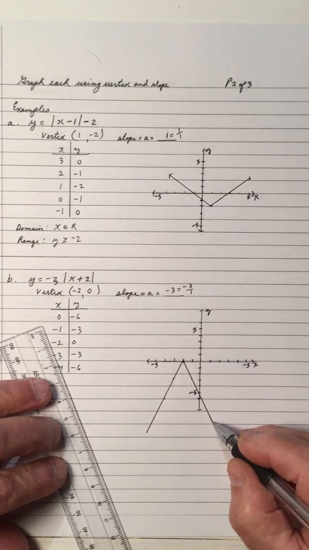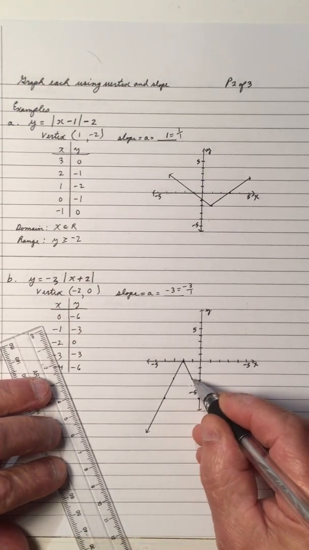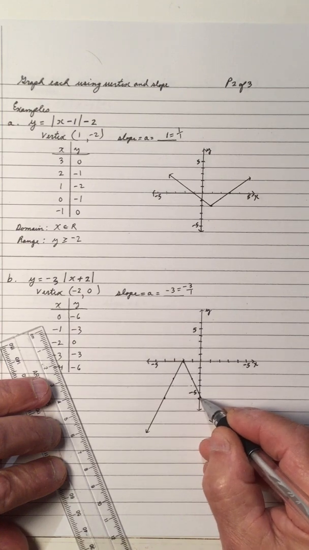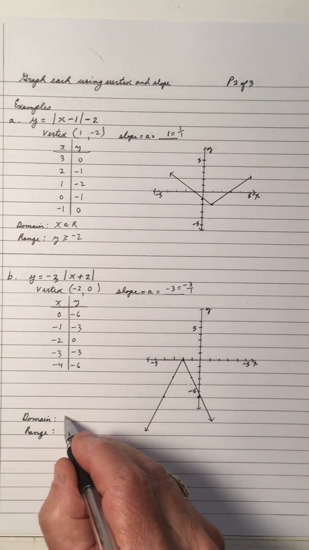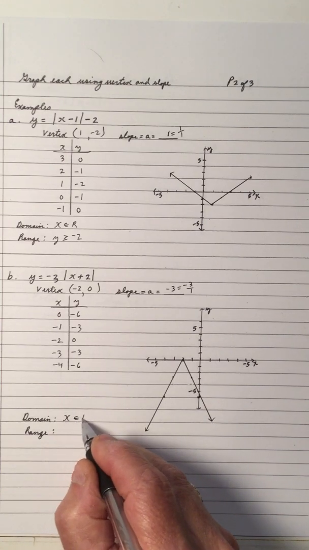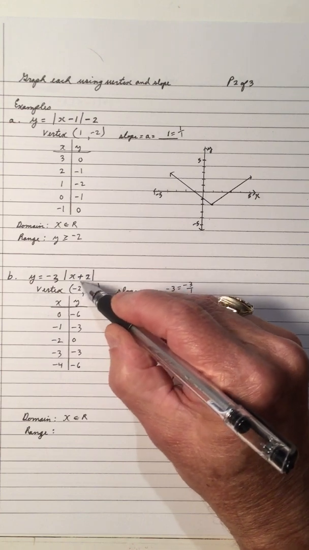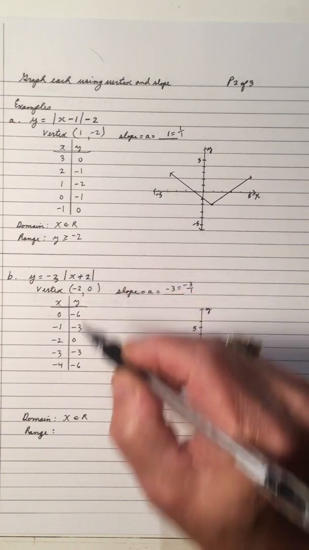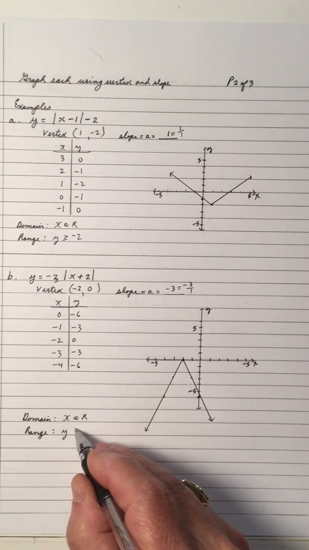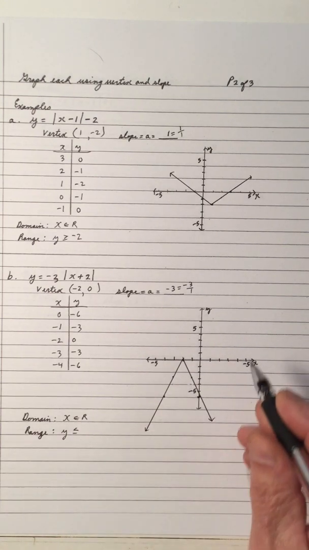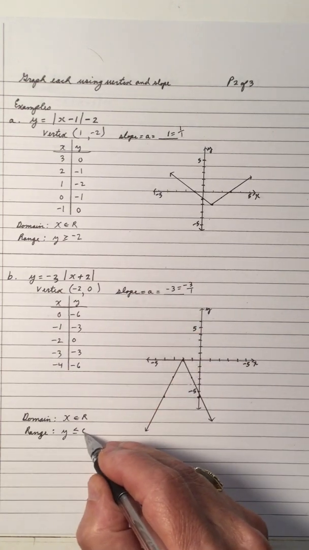I make an error at times, but hopefully I'll correct myself. And the same. There they are. The domain is always x belongs to the real numbers for the absolute value. If you have a linear, x plus 2, degree 1 is a linear, and the range is y. Notice this is going down, so it's less than or equal to the y value of the vertex, going down from 0.